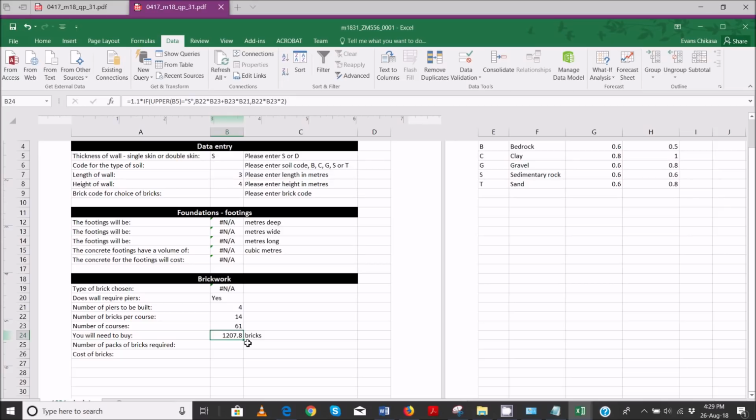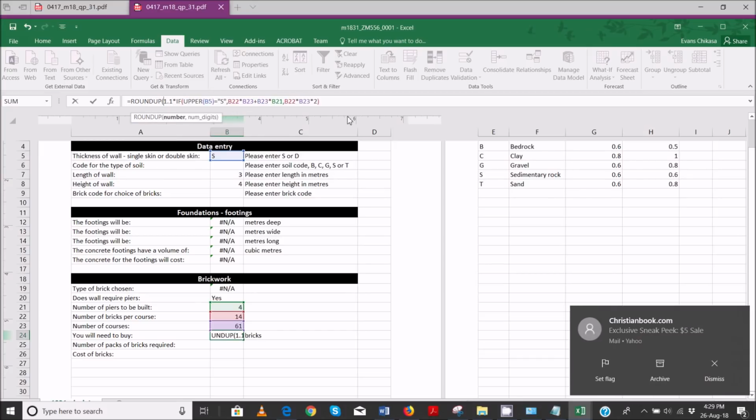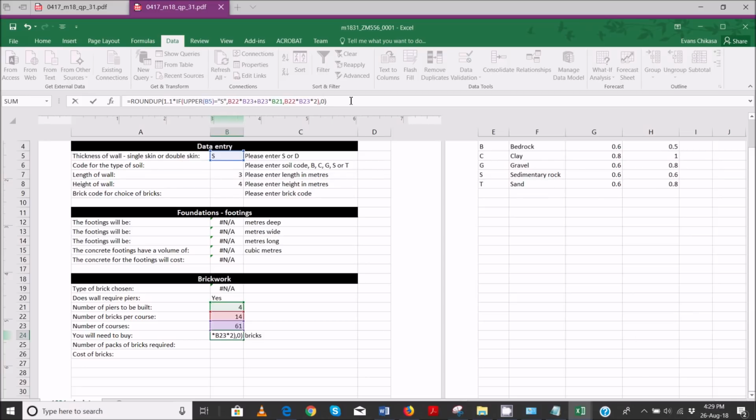You'd rather round it up. Why? Because you'd rather have more bricks than a shortage. So you put everything in a round up function, not in a round, and you put 0 and close the bracket and hit the enter key. Notice that you now have the number of bricks that are required there.